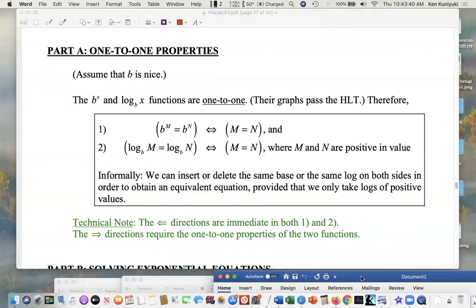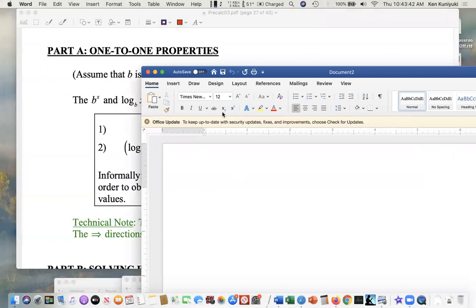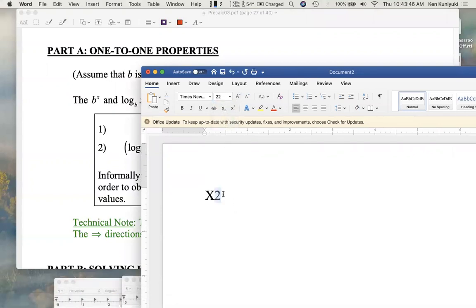All right, so for example, let's say that we have x squared equals 3 squared. Okay, now, can we just automatically say that x equals 3?